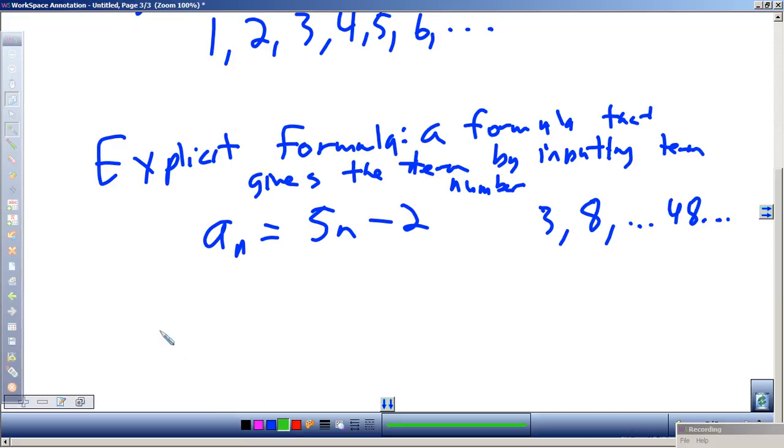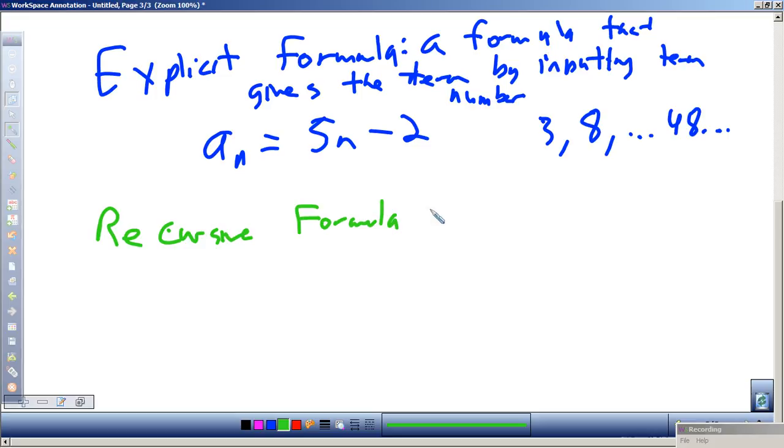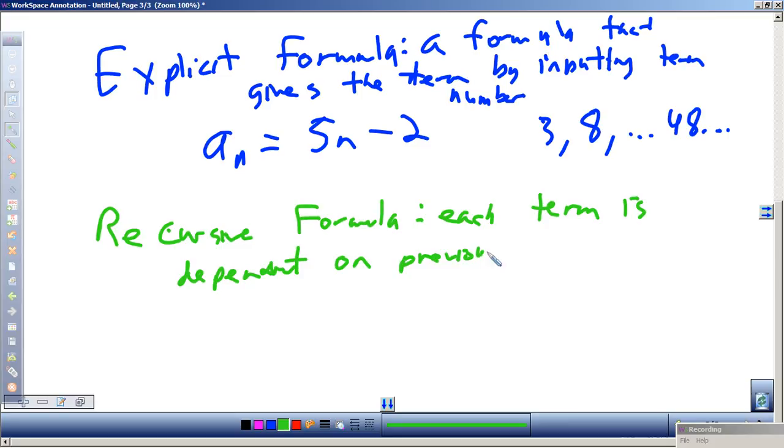Now, when we talk about recursive formulas, each term is dependent on previous terms, except the first few or first one.